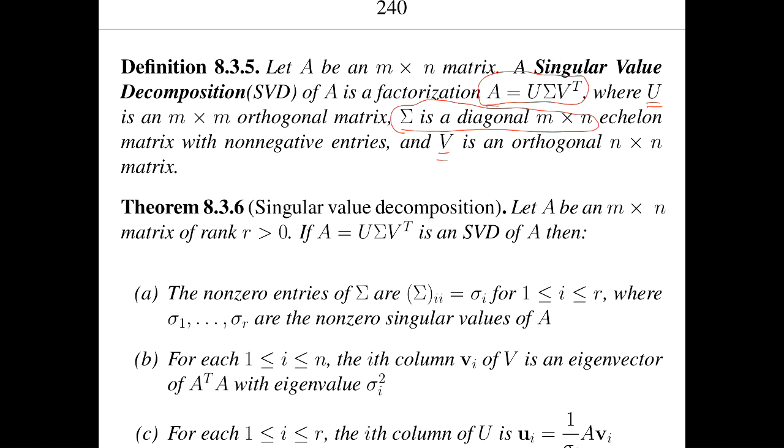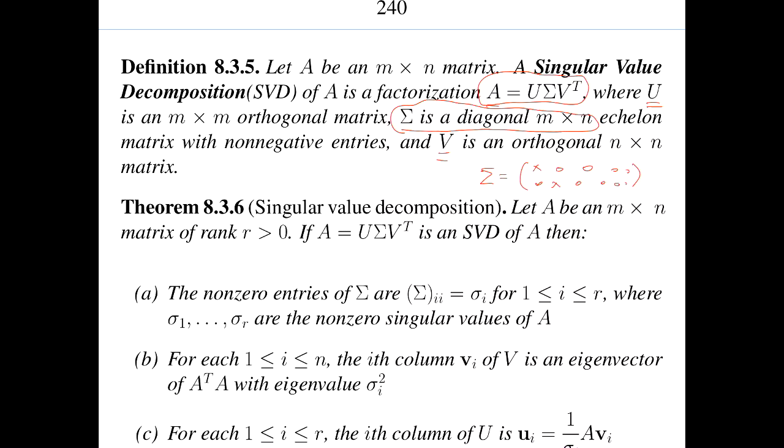For example, if sigma has more columns than rows, it just has non-zero values on the diagonal and the others are 0. This is not a square matrix, but it's a diagonal m by n matrix.